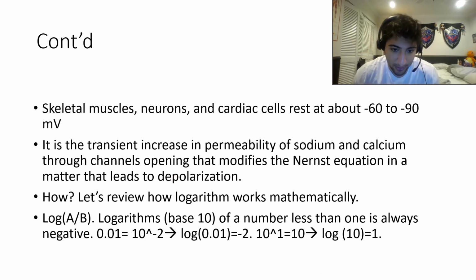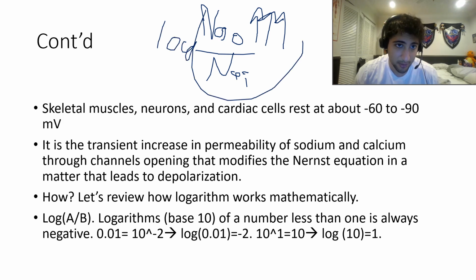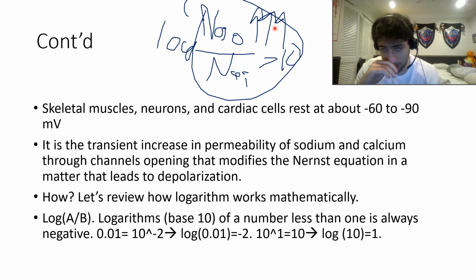If you remember on the last slide, there was an Na out over Na in. This number is going to be much higher, so the whole expression is going to be much larger than 10. So the whole logarithm is going to become a more positive number, and that's what contributes to how the depolarization happens, but we'll go over that.